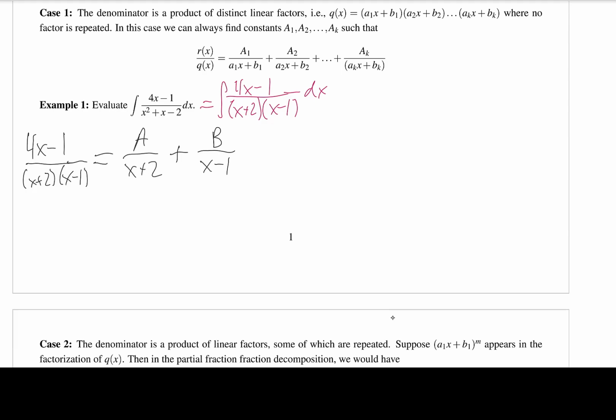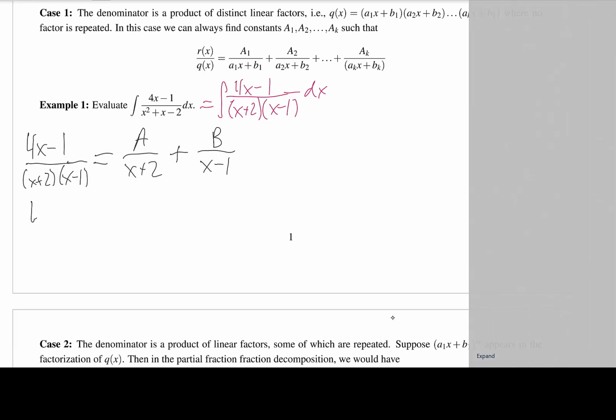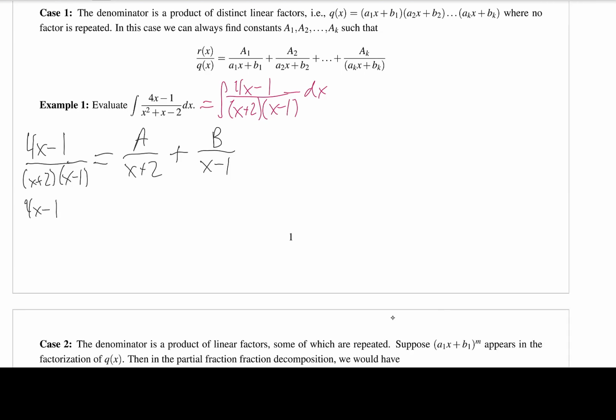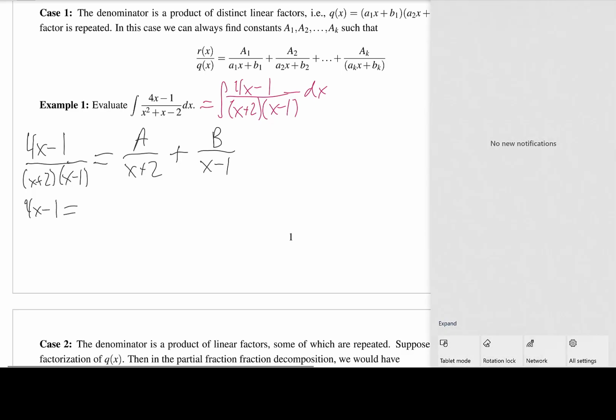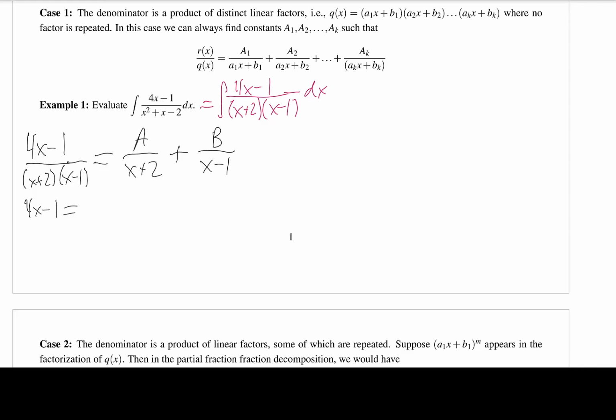On the left-hand side, that'll just cancel it out, so we'll get 4x - 1 is equal to, on the right-hand side, A times (x + 2)(x - 1) over (x + 2). The x + 2's cancel, and we just have A times (x - 1). Similarly, for the other term, the x - 1's cancel and we're left with B times (x + 2).